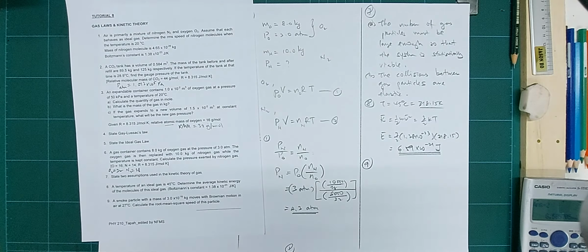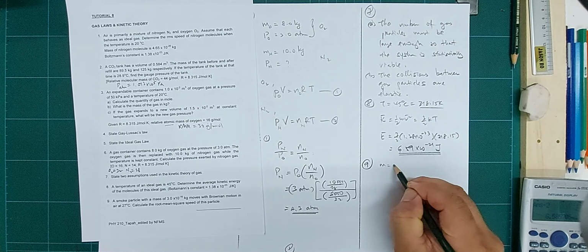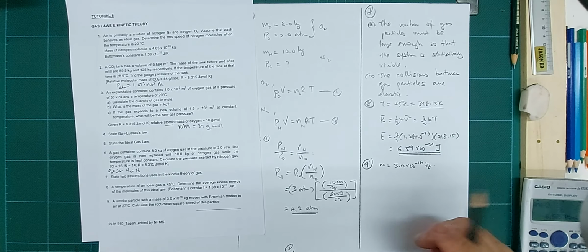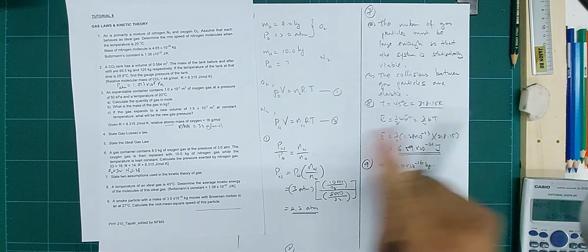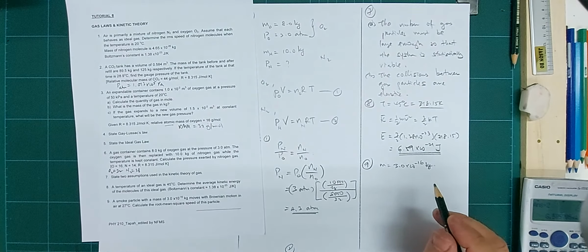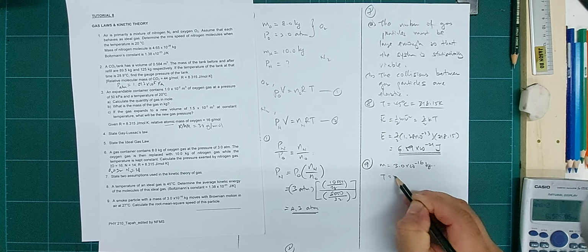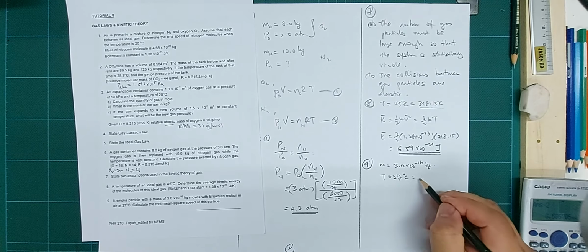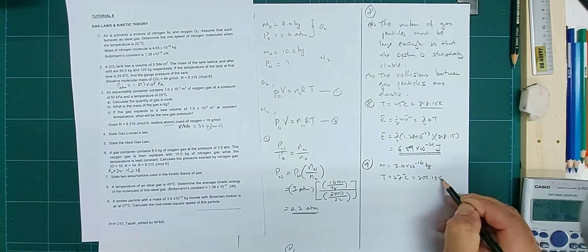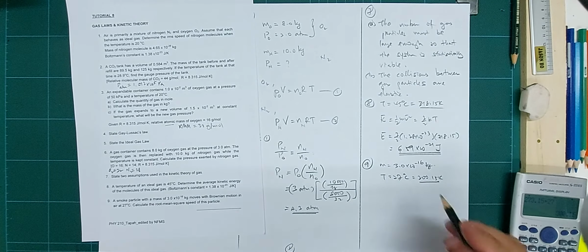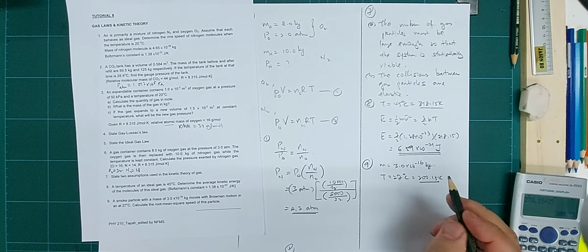Next, number 9. A smoke particle with a mass of 3.0 times 10 to the power negative 16 kilogram moves with Brownian motion, random, everywhere you go, in air at 27 degrees Celsius. That will be 300.15 Kelvin. Then calculate the root mean square speed.